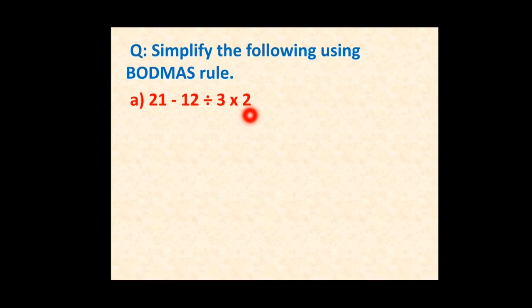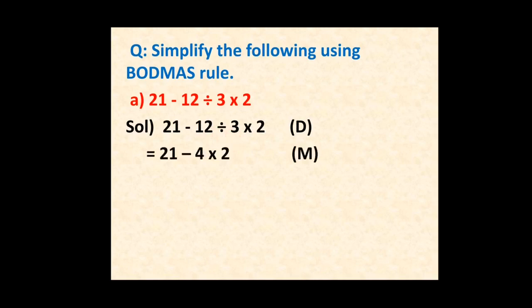After that comes D. So first of all we will divide, and the division symbol exists between 12 and 3. To solve it, firstly we rewrite it. Now 12 divided by 3 gives us 4. So we write 21 as such, minus, after dividing we get 4 into 2.